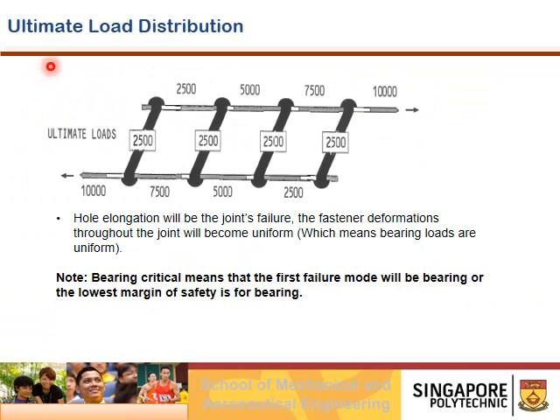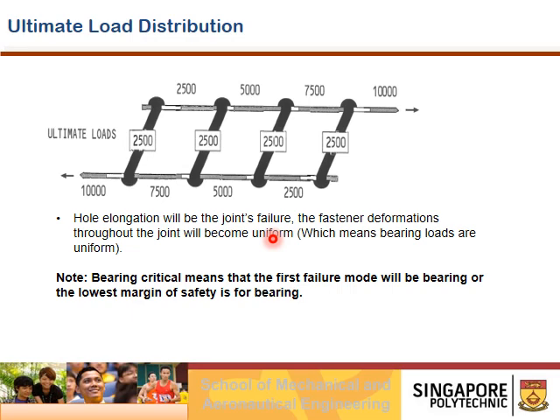All right, ultimate load distribution based on bearing critical failure. That means if they design to have a bearing critical failure mode, the hole elongation will be the joint failure and fastener deformation throughout the joint will be uniform. This is done by one of the aircraft manufacturers.